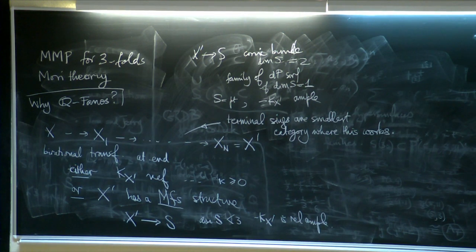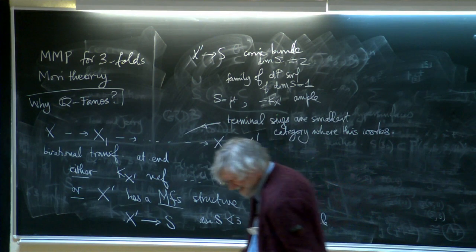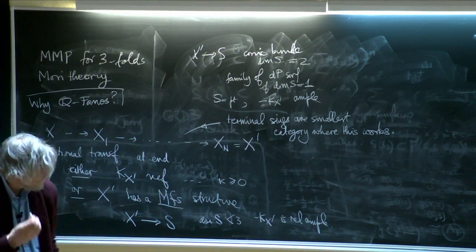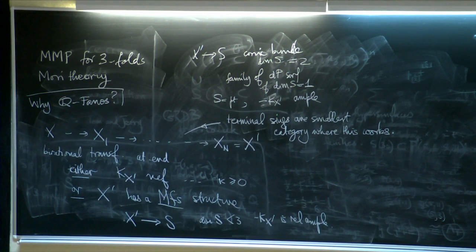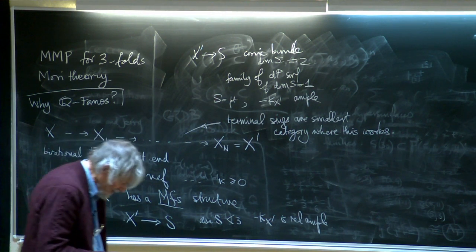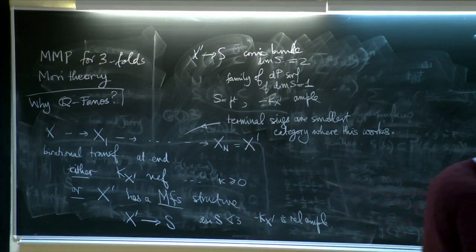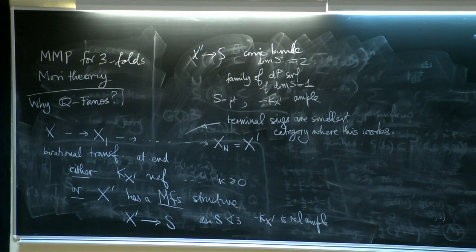In Mori theory, that's not what you do. People tried to do that in the 60s and 70s when I was first on the scene, and it just doesn't work. It just leads to impossible problems. So Mori's big invention is to work with this cone of curves, and the thing you contract is an extremal ray of the cone of curves.